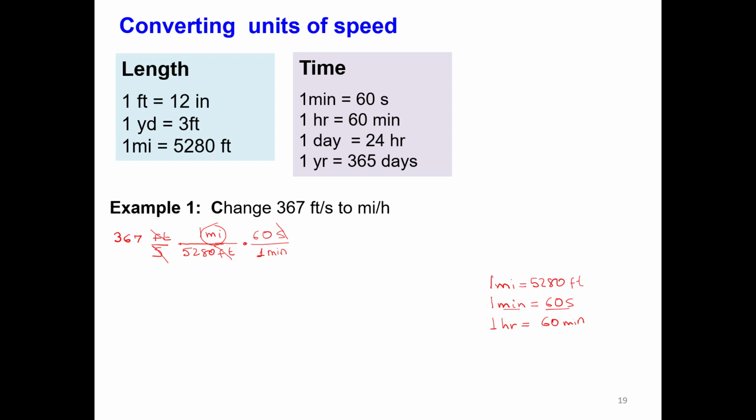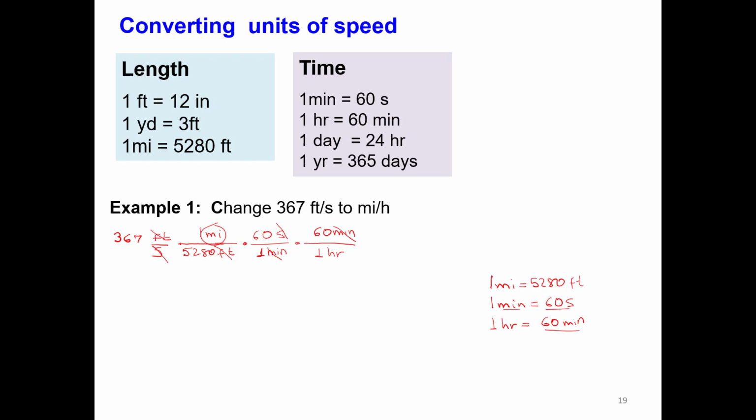Yes, and we had minutes, but we need hours. Then we will use the other conversion factor. We had minutes here, and we need to cancel out the minutes. Then we need 60 minutes on top, and 1 hour in the denominator, because in this way the minutes cancel out.